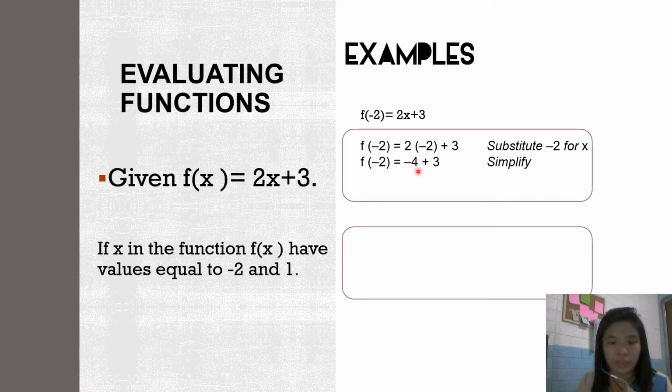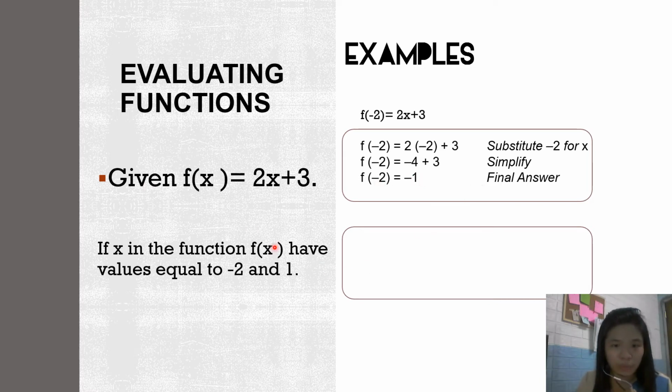By the laws of integers under multiplication, positive multiplied by negative is equal to negative. So -4 plus 3. We simplify again: -4 plus 3 is -1. So our final answer is -1.